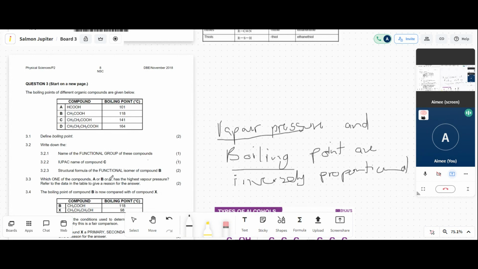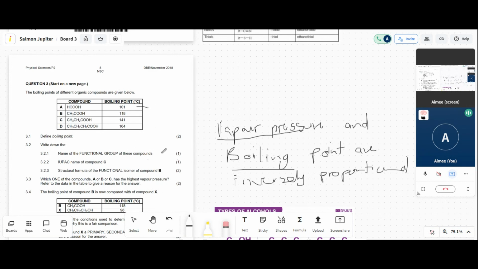Okay, so when they're asking you to find the compound that has the highest vapor pressure, you have to have a look at the boiling points and decide from there. And because you know vapor pressure and boiling point are inversely proportional, you have to choose the compound with the lowest boiling point, because the one with the lowest boiling point is going to have the highest vapor pressure.